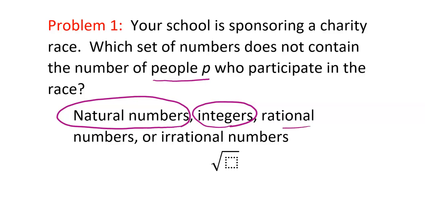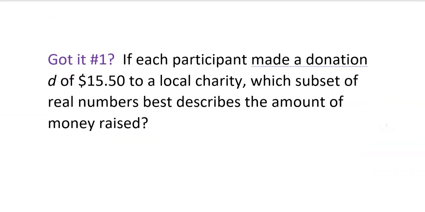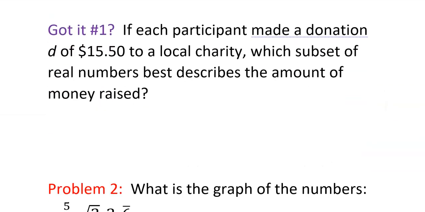It could also be the rational numbers, because we could write the number of people as a fraction of two numbers. The one that does not pertain would be the irrational numbers, because anytime you're talking about a person, it's not going to be a decimal. So I would say irrational numbers are the ones that don't work. You can pause here and work on Got It question number 1 if you'd like.